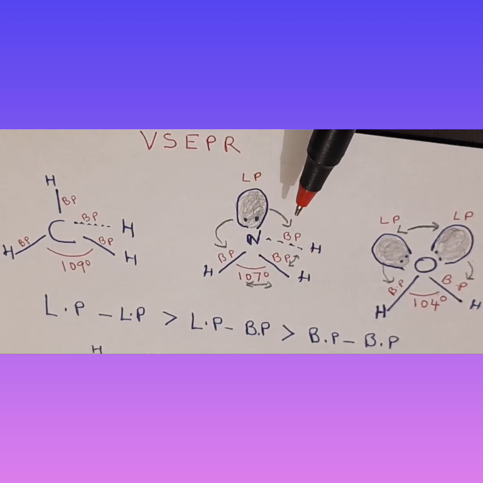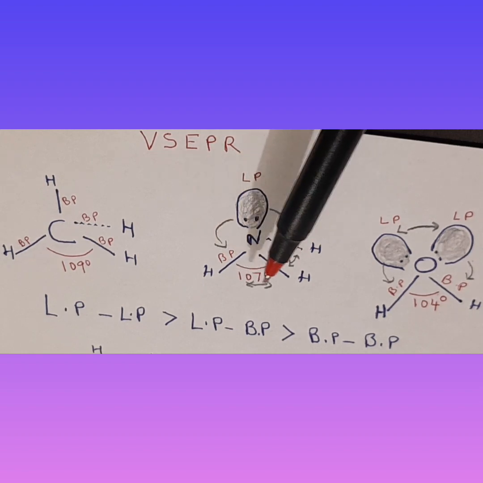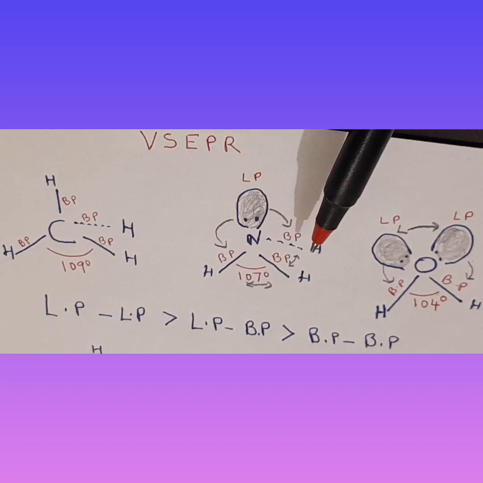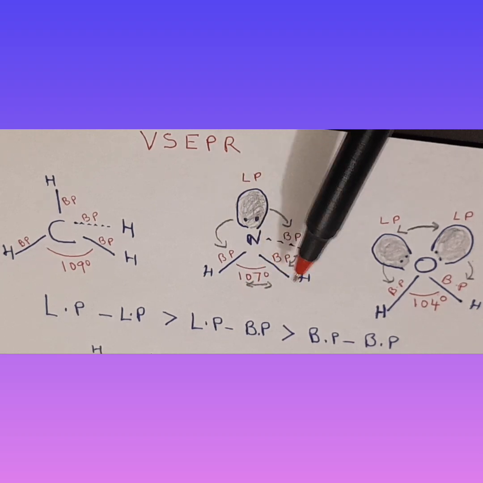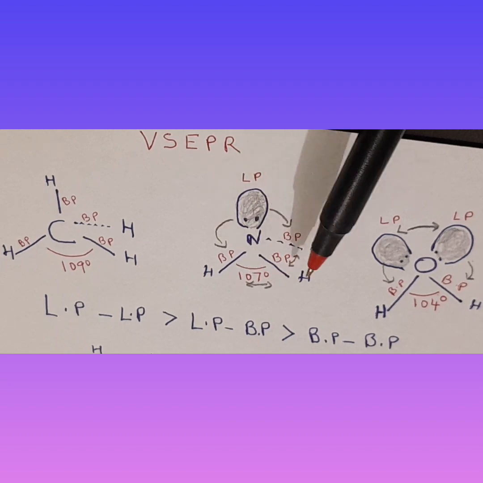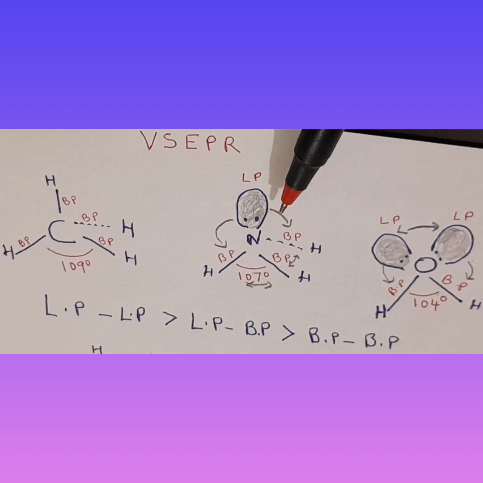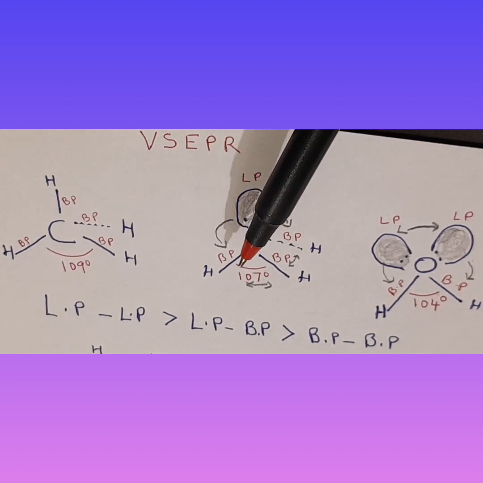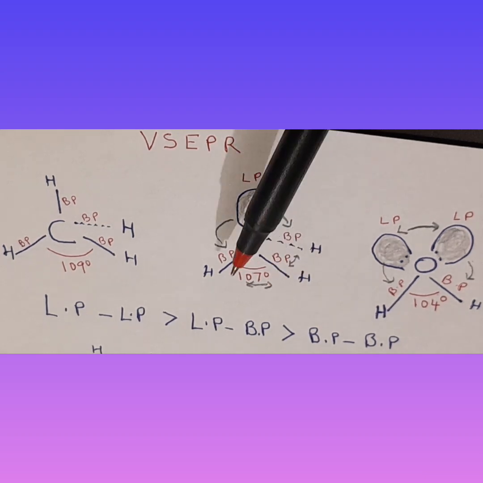So this lone pair repels these bond pairs, and these bond pairs in return repel each other. But the repulsion owing to lone pair, bond pair is much stronger than the repulsion between bond pair, bond pair. This is lone pair, bond pair repulsion, and this is bond pair, bond pair repulsion.